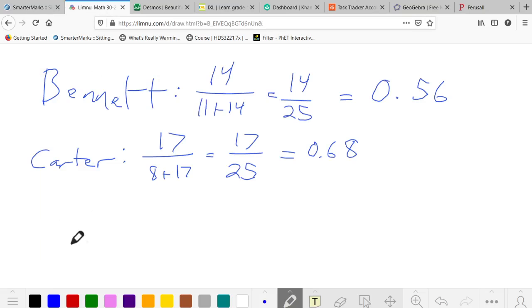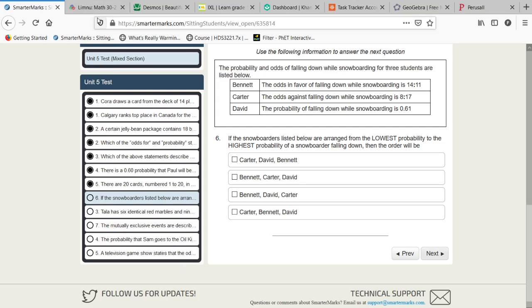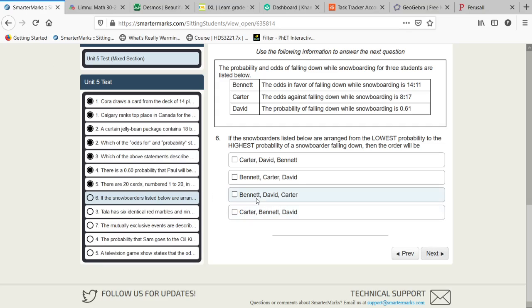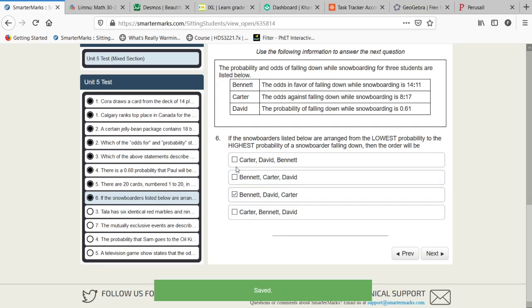And then David, thankfully they just gave us outright probability of falling down of 0.61. There's no extra work we have to do there. So the lowest is Bennett, then David, then Carter. So that is C.